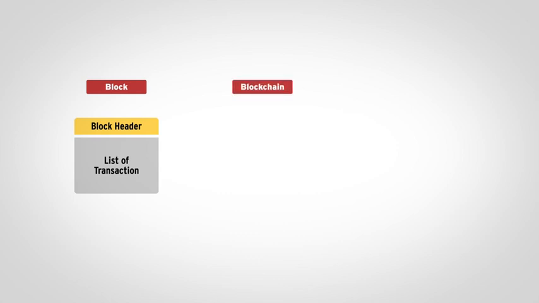So now what is a block? A block is just a list of transactions. And the block has something called a block header. A blockchain is several blocks connected together. The key thing here is that the block header for block n has a connection to the block n-1 header.